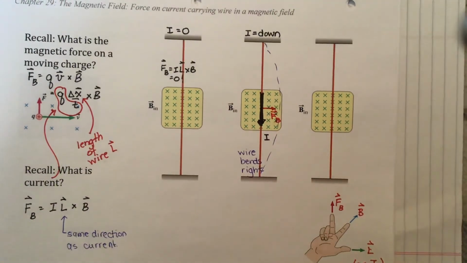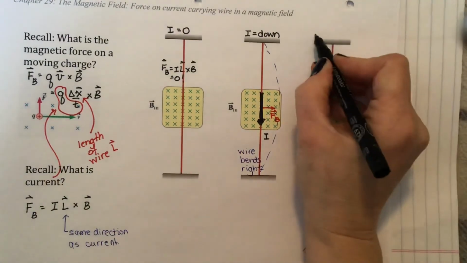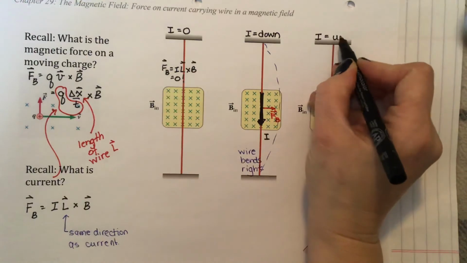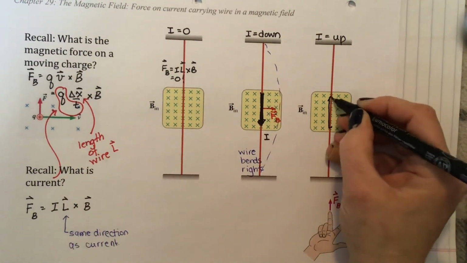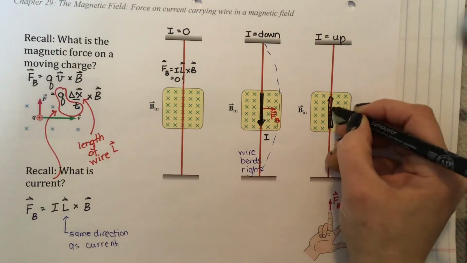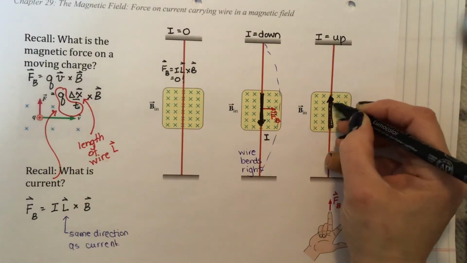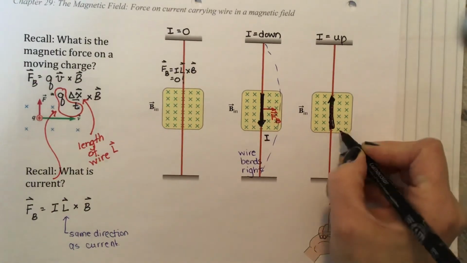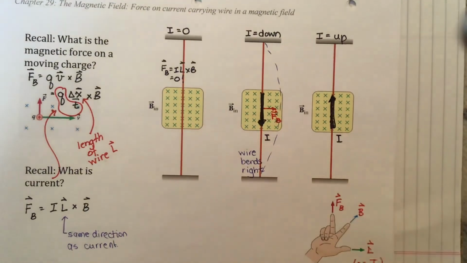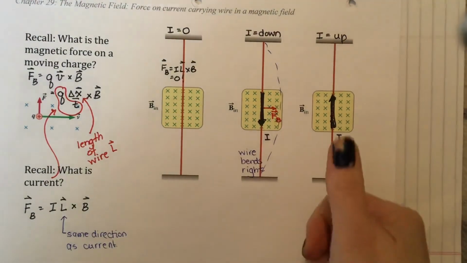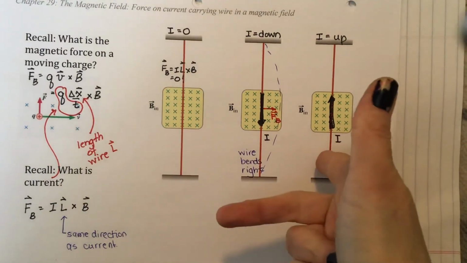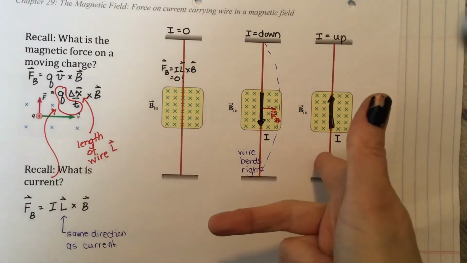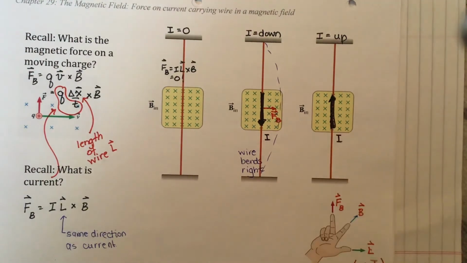Next, let's ask what happens if the current flows up. So now in our wire, the current goes straight up. There's our current I. Let's see if we can find our magnetic force. Our thumb goes with the current. Our finger goes with the magnetic field. Our extended middle finger shows the magnetic force. It's pointing to the left.